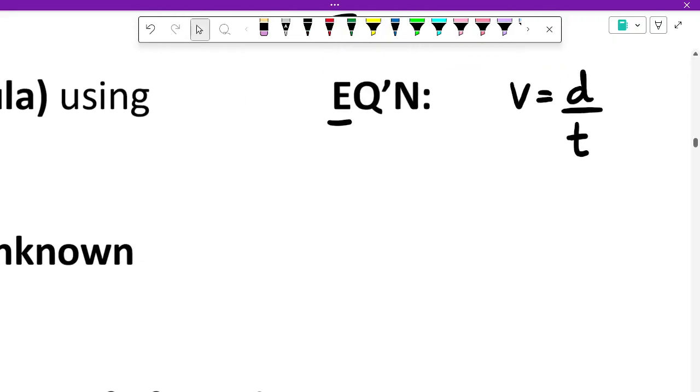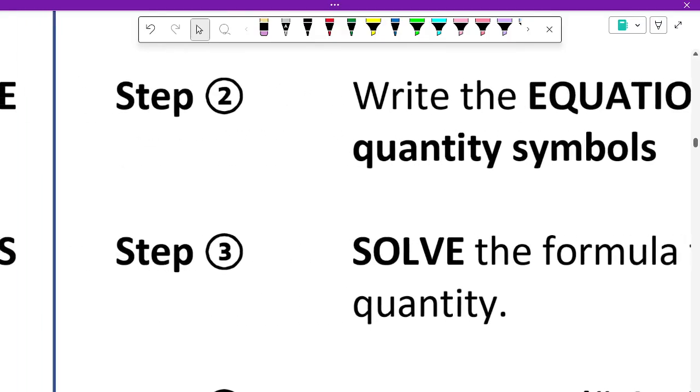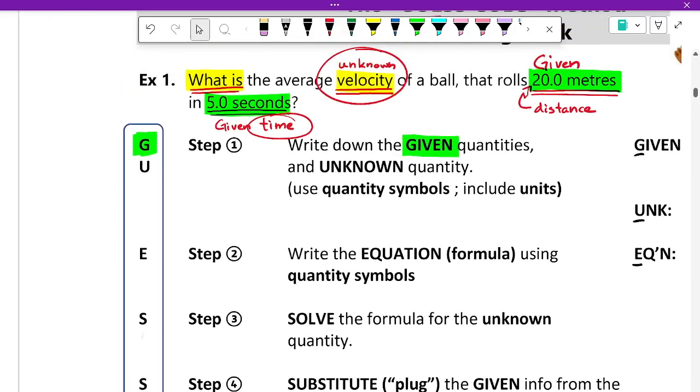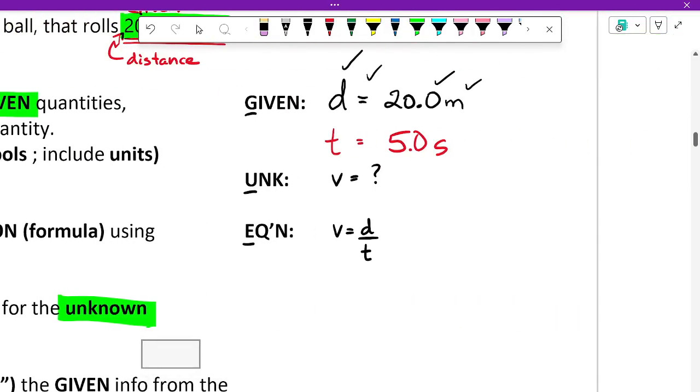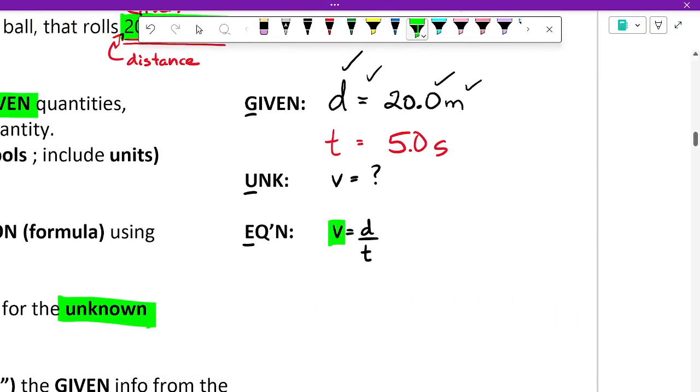And then the first S in GUESS. So we've done the G, we've done the unknown, we've done the equation. The first S is solve for whatever the unknown is. That means you want whatever your unknown is to be on the left-hand side of the equation all by itself. Is V on the left-hand side of the equation all by itself?